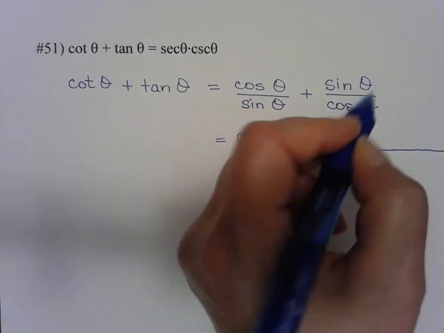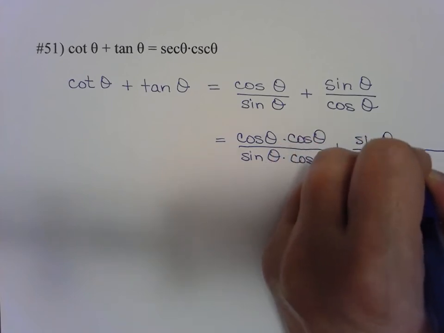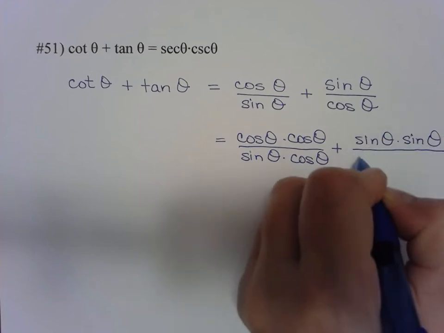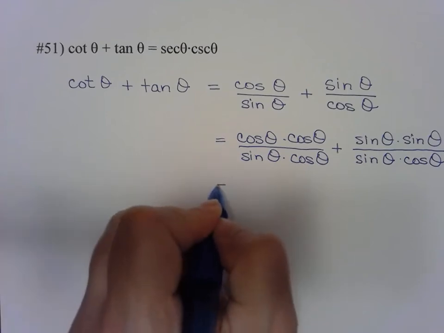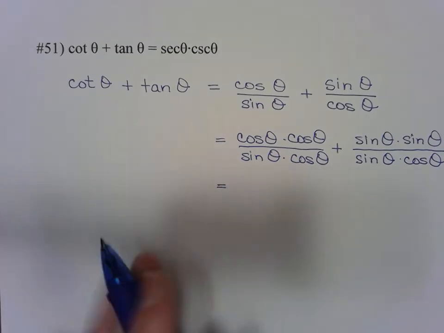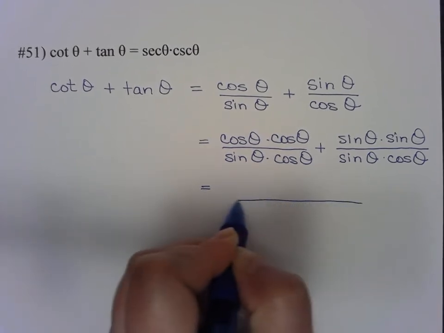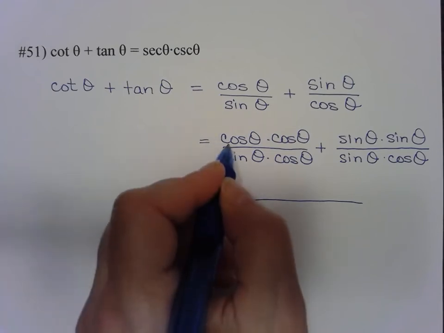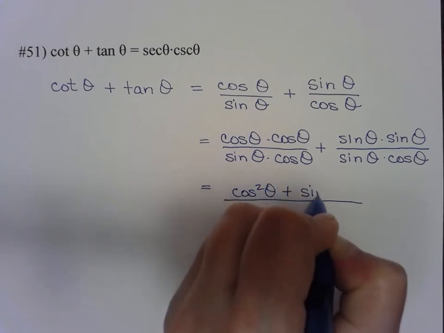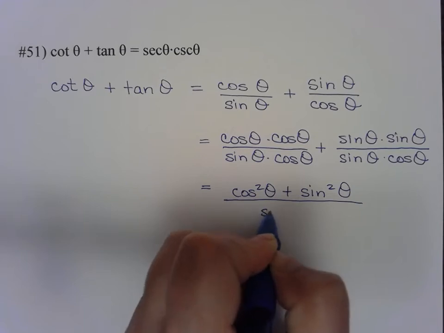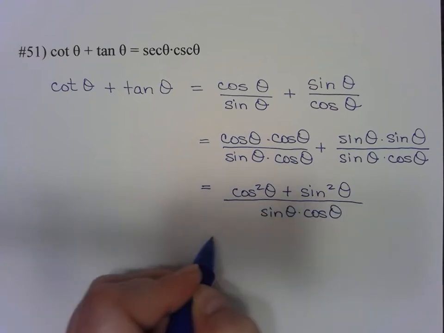And I'm going to multiply top and bottom of the second fraction by sine of theta. That's going to give me that common denominator. And now, can I go ahead and combine these into one fraction? Since they're the same denominator, I'm going to have cosine squared theta plus sine squared theta over my common denominator of sine theta times cosine theta.